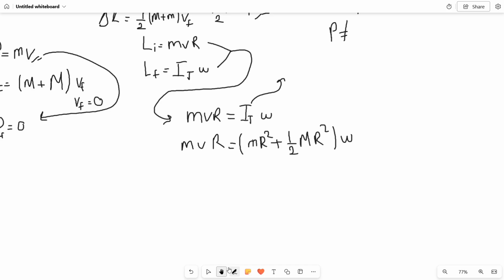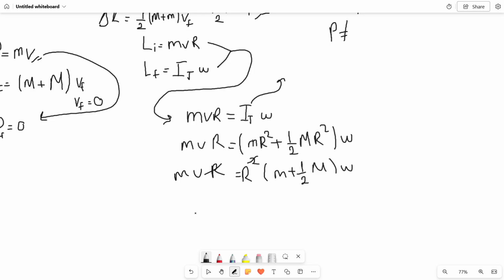Okay, guys, let's write this down as simply as we can. m v r equals the moment of inertia times omega.